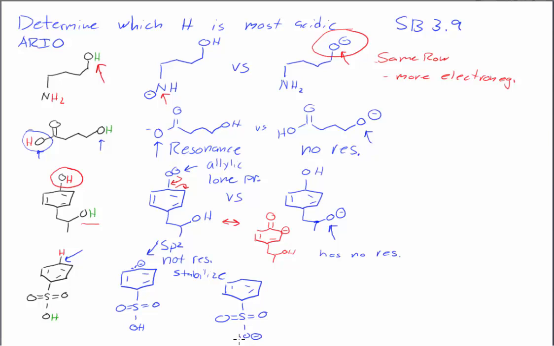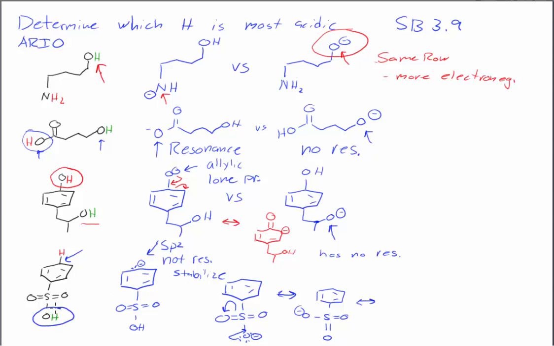Whereas down here, we've got some lone pairs, and we can show some resonance happening. I'm not going to show all three structures, but I'll show you the second one. We can put the negative charge on the left oxygen, and we can also put it on the right oxygen. I'll leave that up to you to show me.